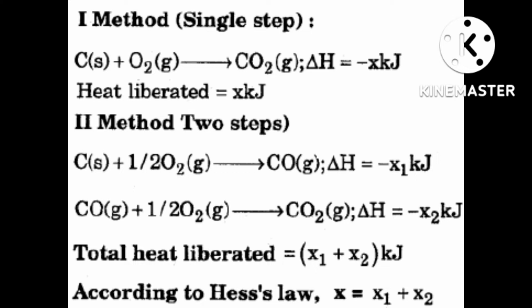For 11th students it might be not known, but 12th students might know. Butane is an alkane, so if carbon is 4, then n is 4, and 2n is 2 into 4, 8, plus 2, 10.